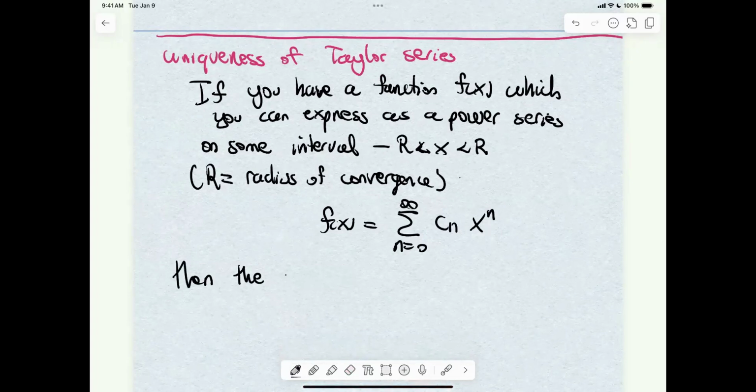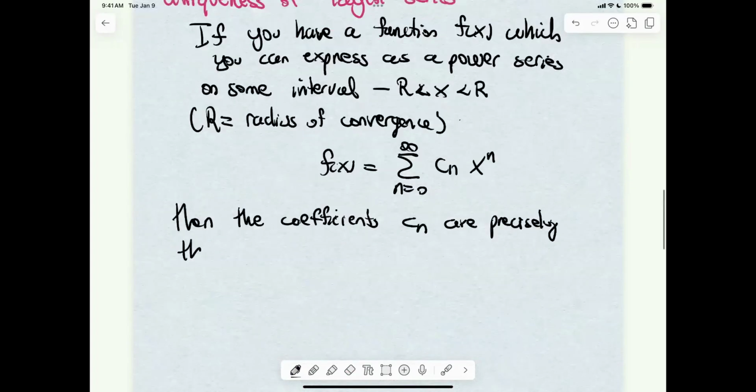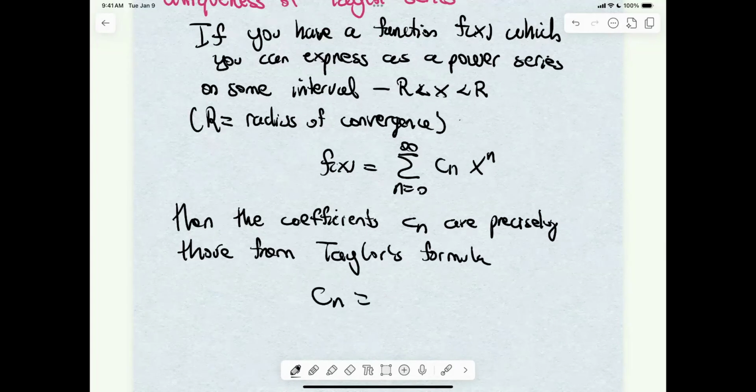They are precisely those from Taylor's formula. Meaning that Cn would be the nth derivative at the origin, at x equals 0, divided by n factorial, right?